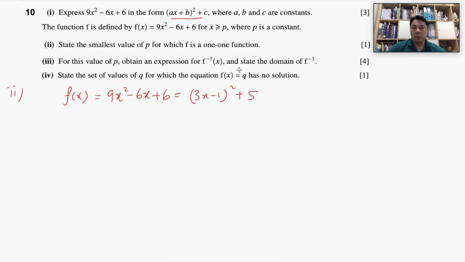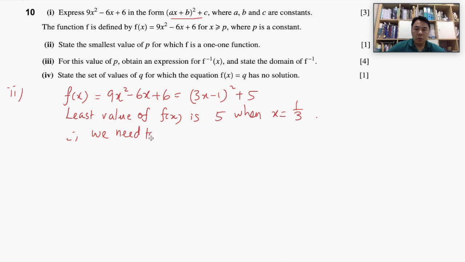Okay. So in the completing the square form in this case, we know that the least value of f(x) is 5 when x is equal to 1/3. Therefore we need to restrict the domain.